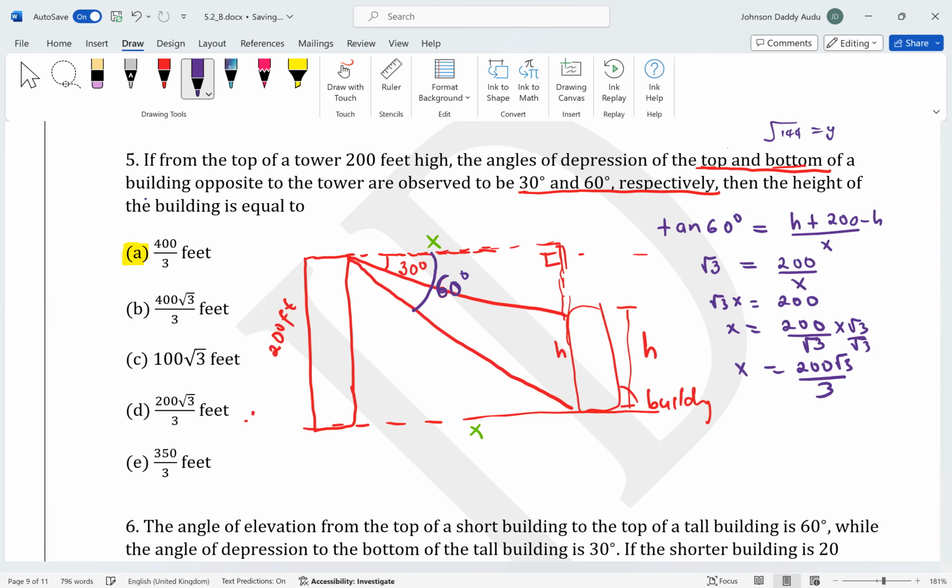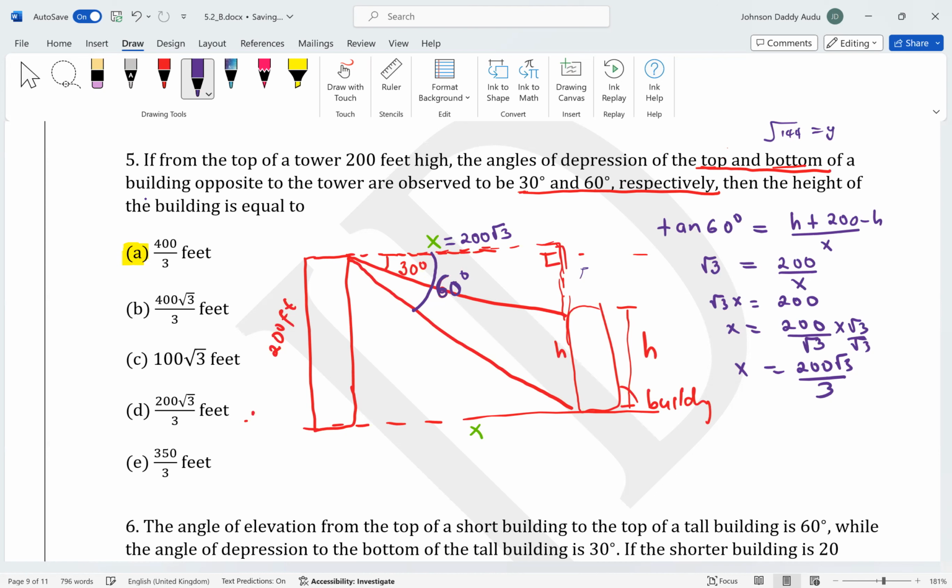Okay, now we know that x is this. So if x is this much, it means that our x here is 200 root 3 over 3, right? So I can find this part here.